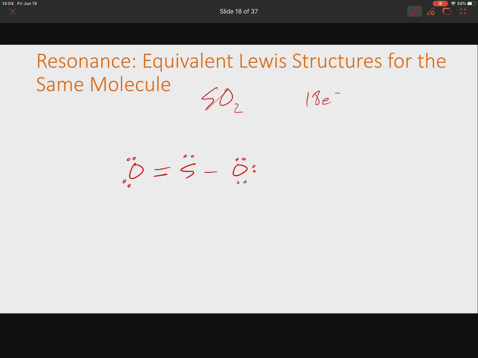But let me back up a second. If you did this step by step and you did bonding first, actually we should have done that together because this is a good example of, let me show you. So this is what happens when you fill up the octets on the outside first. We didn't do an example of that. So 2, 4, 6, 8, 10, 12, 14, 16. We've given octets to everyone on the outside, all the outside atoms, and we still have leftover electrons.